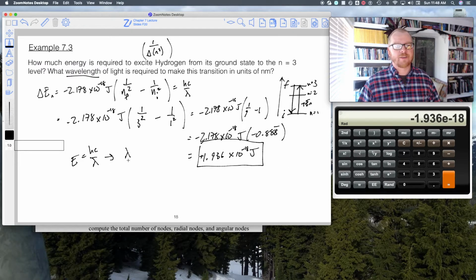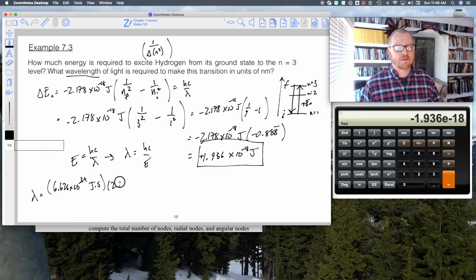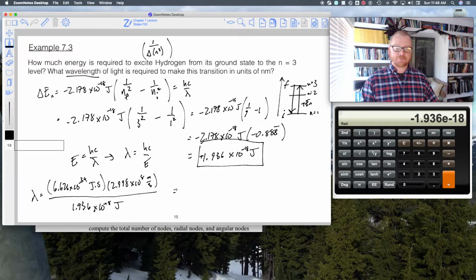So wavelength equals hc divided by E. We'll say that lambda is 6.626 times 10 to the minus 34 joules times seconds times 2.998 times 10 to the 8 meters per second, all divided by 1.936 times 10 to the minus 18 joules.